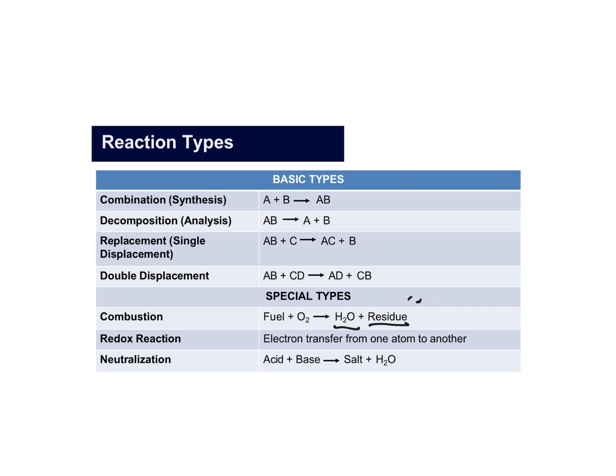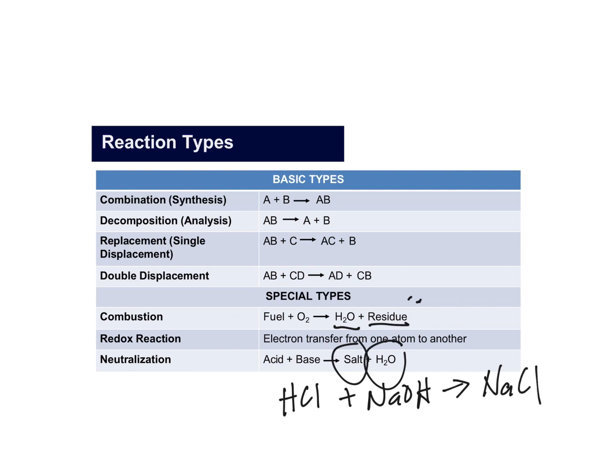So if you react an acid and a base, the resulting product will be a salt and water. For example, HCl, that's your acid, and NaOH. The product is NaCl plus H2O, correct?